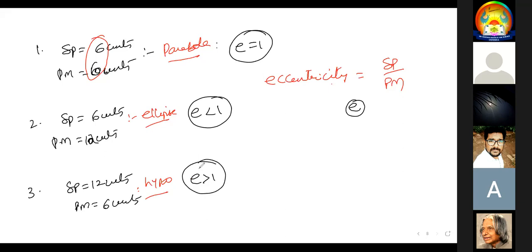Since SP is the smaller one and PM is the larger one, the smaller by the larger is always less than 1. And for the hyperbola, SP is larger and PM is smaller, so larger by smaller is greater than 1.